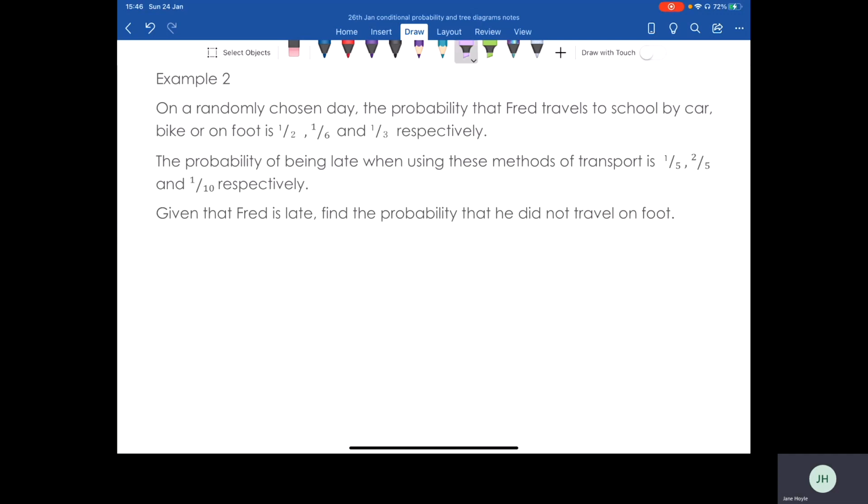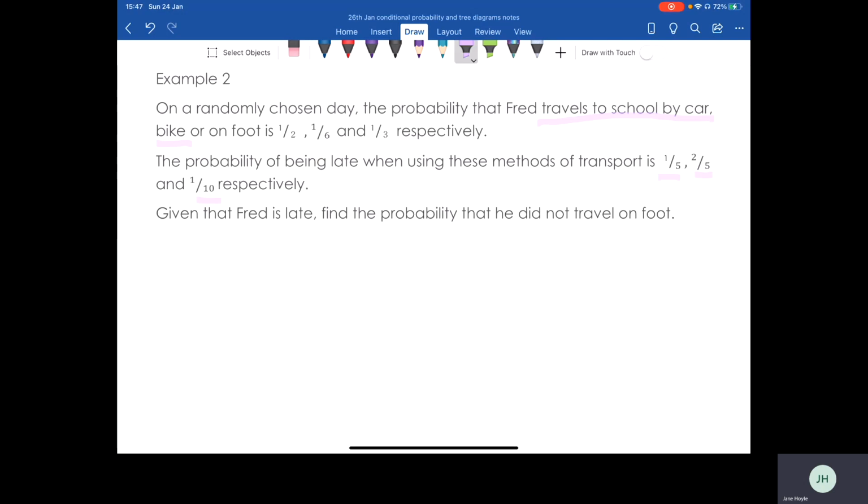So we've got somebody traveling to school by car, by bike, on foot. 3 probabilities. The probability of being late when using these methods is 1/5, 2/5, and 1/10. Now, these are two different kinds of probabilities.